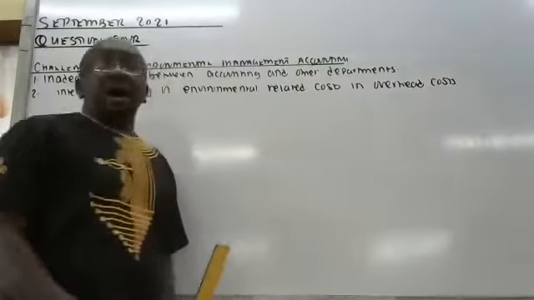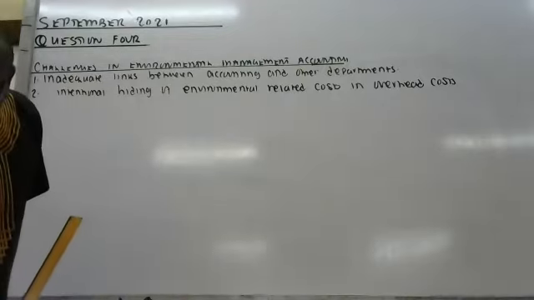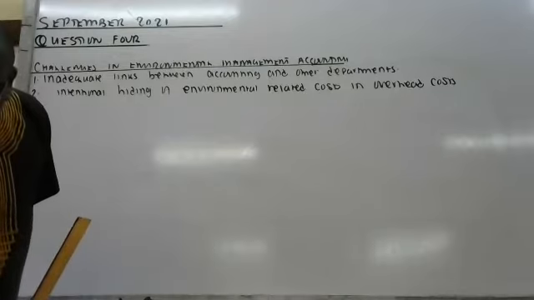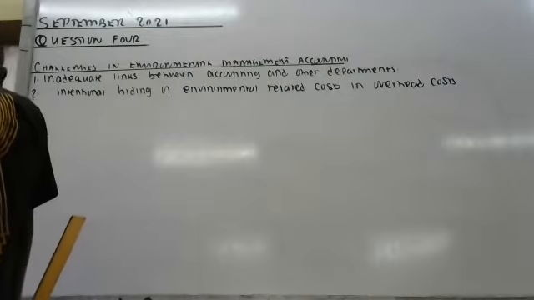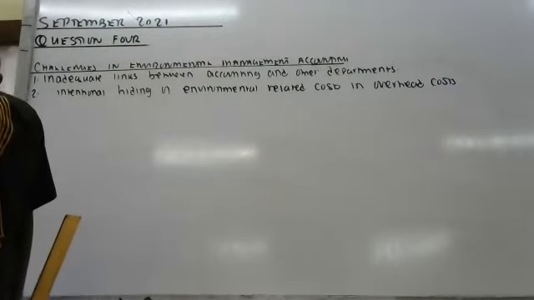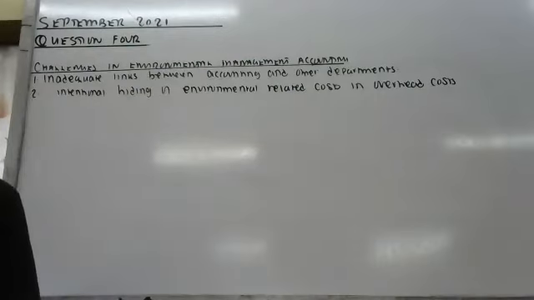So you find people are aware that those costs are environmental, but intentionally people want to hide them. So there is intentional hiding of those costs there. And now, as the management accountant, it becomes very difficult to be able to pick out those costs.